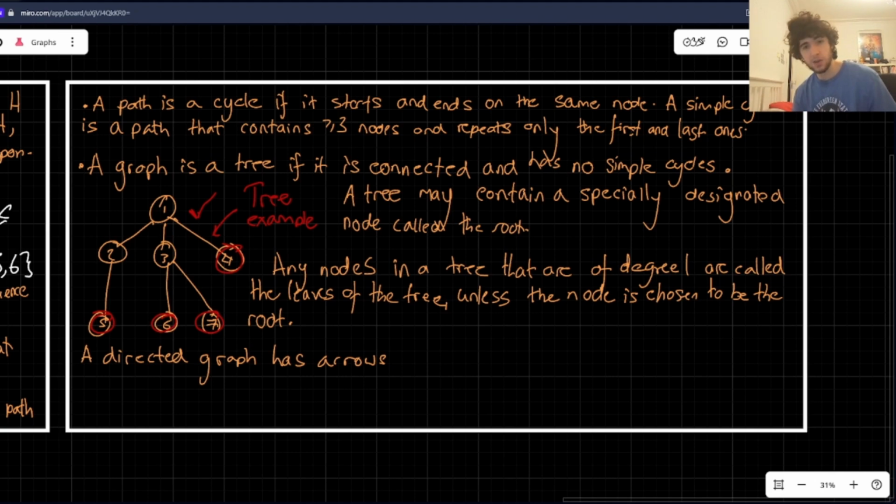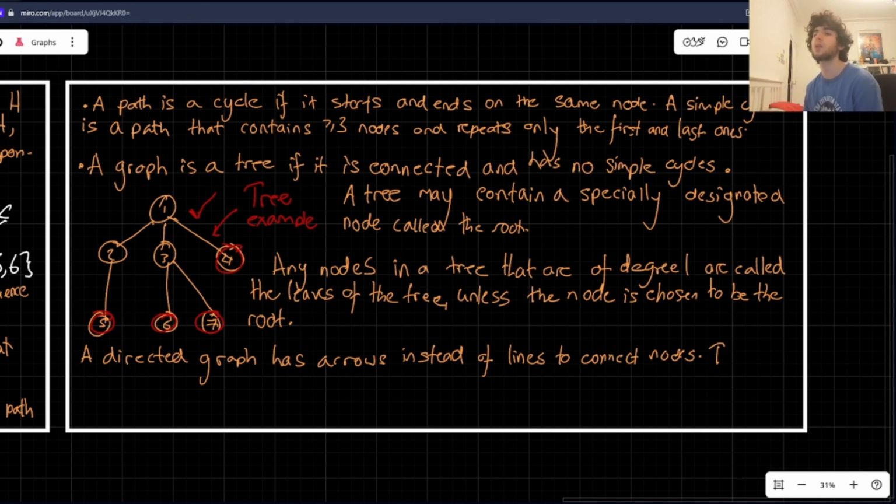And for directed graphs, we do allow more than one edge between any two nodes that we choose. In fact, we allow at most two. With an undirected graph, we allow only one edge between any two nodes. For a directed graph, we allow at most two.